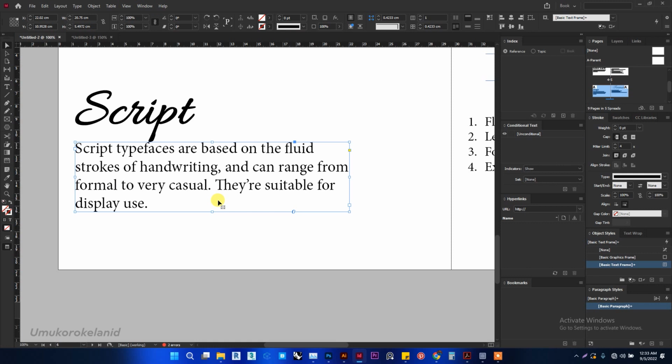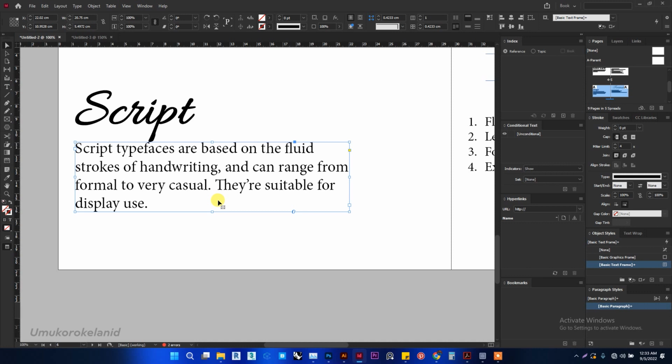As you all know, most times script fonts are script typeface. As I've already said, we use typefaces and fonts interchangeably, but don't get it confused because they are actually not the same thing.